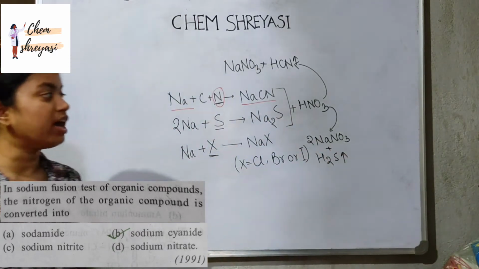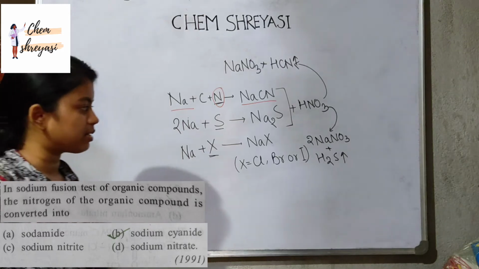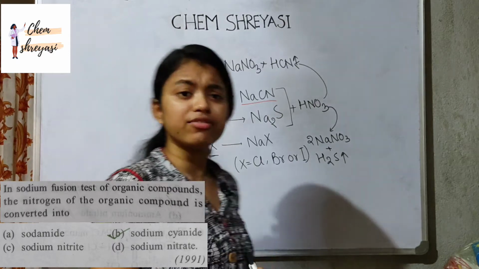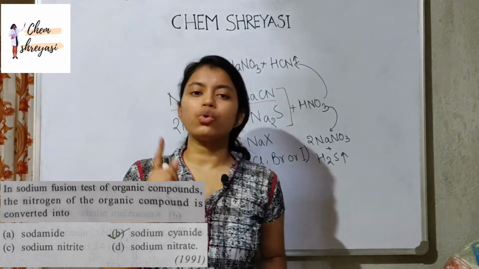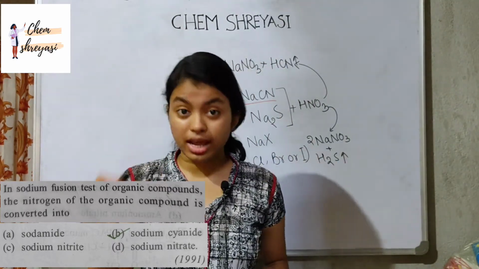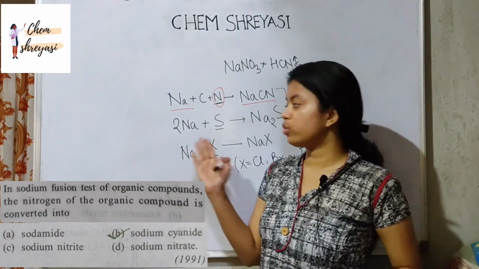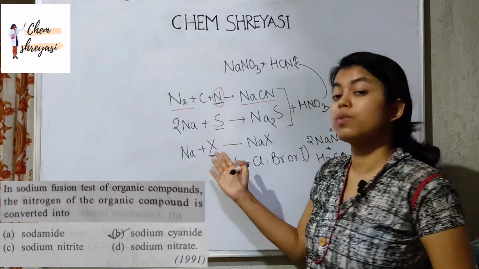This is also a gas and it will go out of the system, and that's how we can remove the nitrogen and the sulfur. The only element left in the organic compound is the halogen, and we can easily find out by qualitative analysis whether the halogen is present or not.